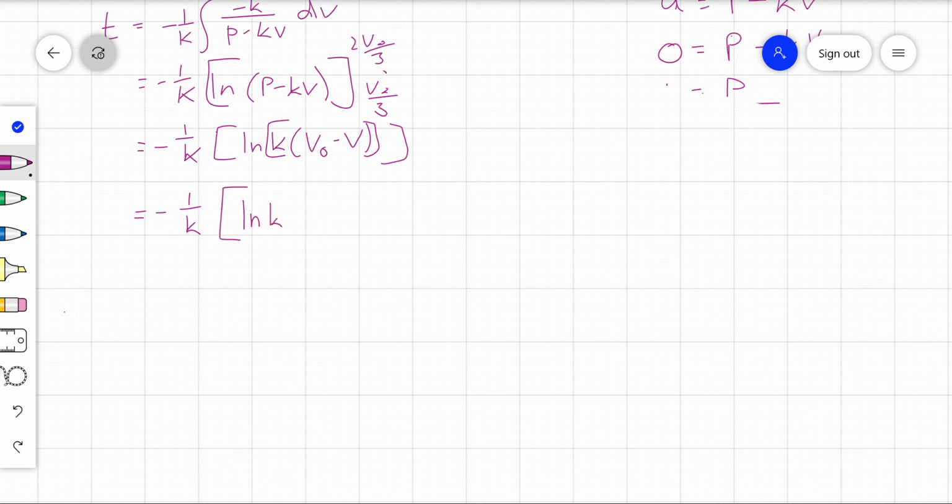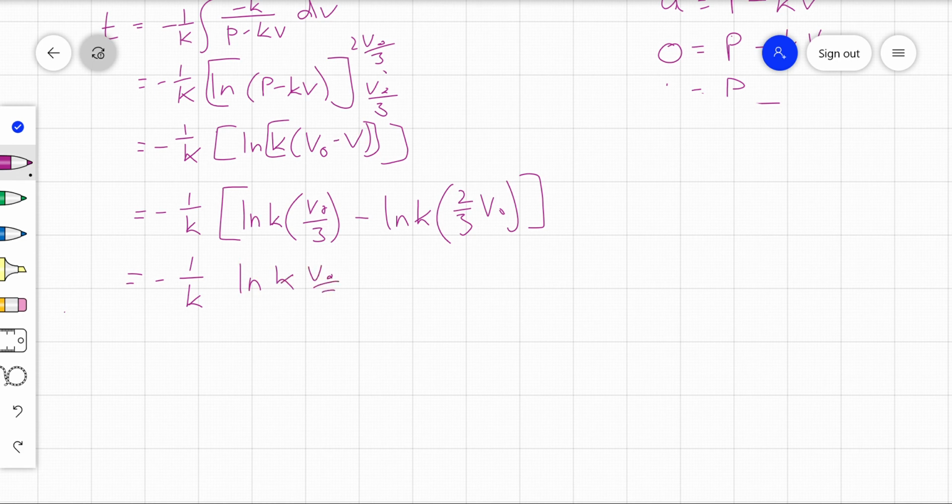So I've got log k of, so when I put v0 minus 2/3 v0, that's going to be a third v0, minus log k. And this time v0 minus a third v0, so it's going to be 2/3 v0. So negative 1 on k log k v0 on 3 over k 2/3 v0.